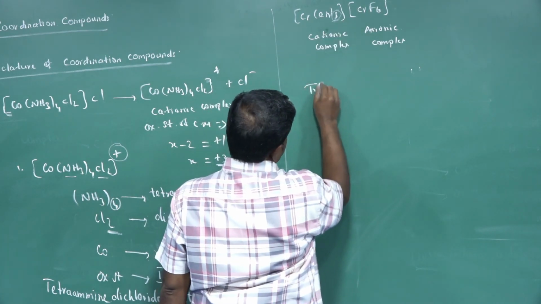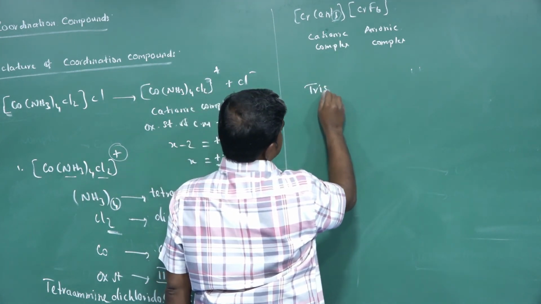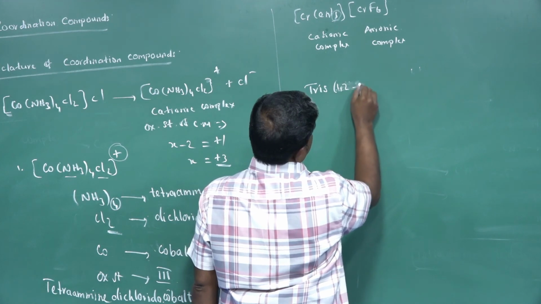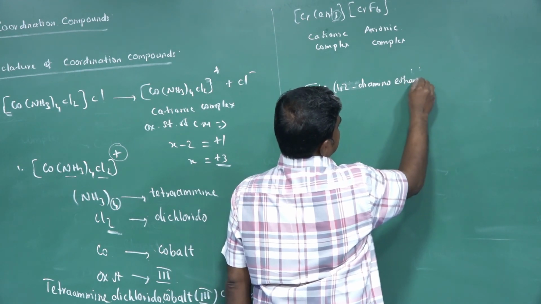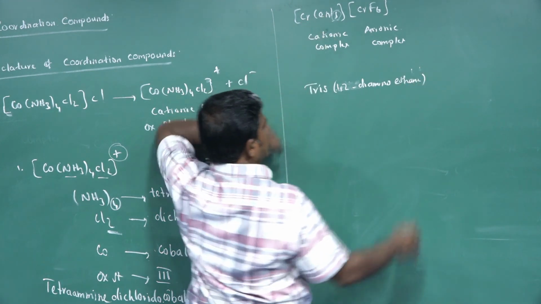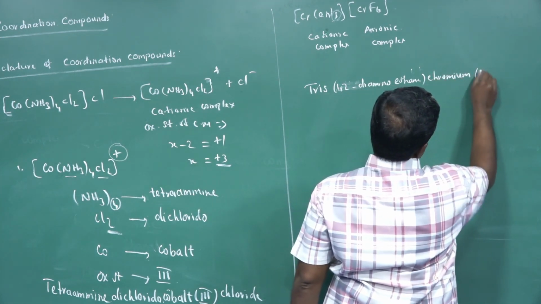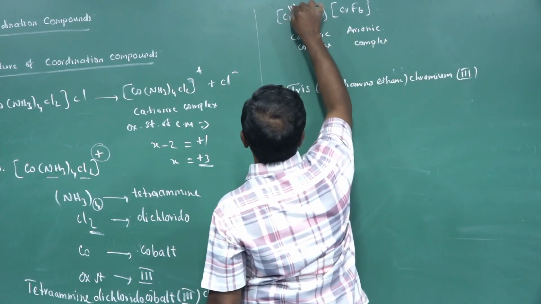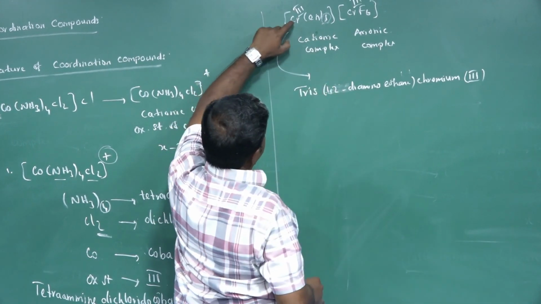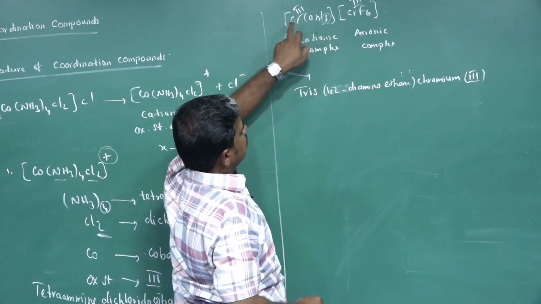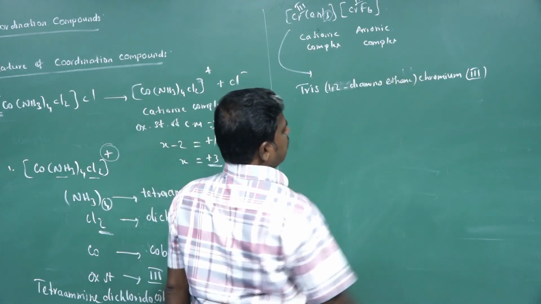So here it is tris, then ethylenediamine, and the IUPAC name is tris(1,2-diaminoethane). 1,2-diaminoethane is nothing but ethylenediamine. So tris(ethylenediamine)chromium(III), and here the oxidation state is 3 for chromium. So we may take tris(ethylenediamine)chromium(III), or tris(1,2-diaminoethane)chromium(III).